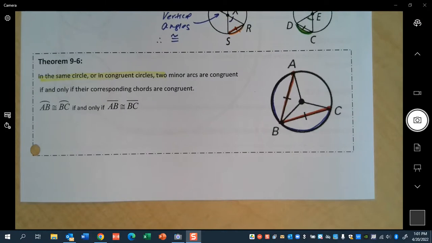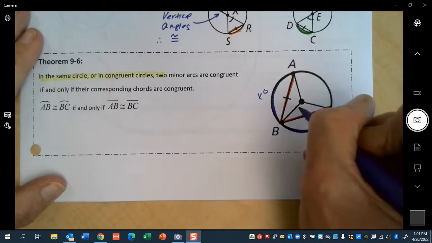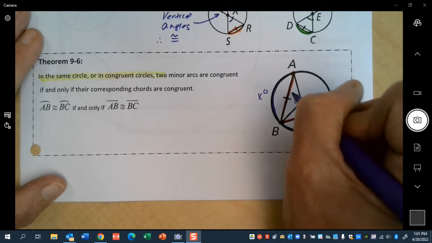If the arcs are congruent, then I can go ahead and say that my angles are congruent also.